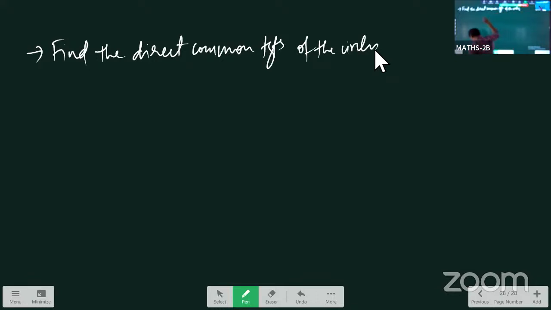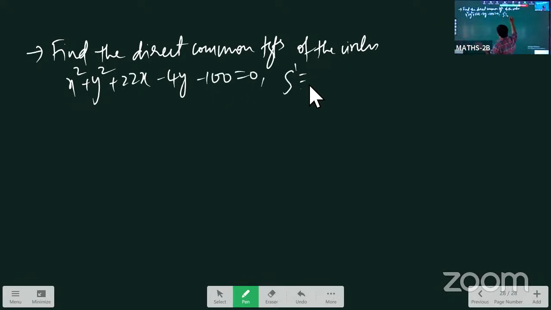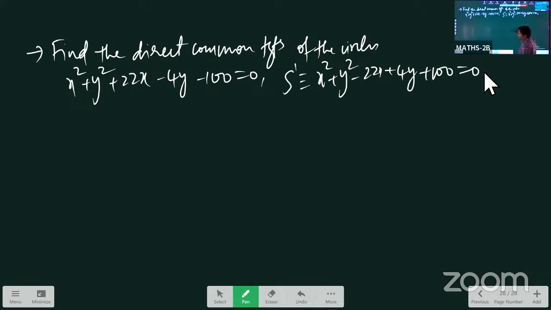Right, find the direct common tangents of the circles x square plus y square plus 22x... One is S and S dash.